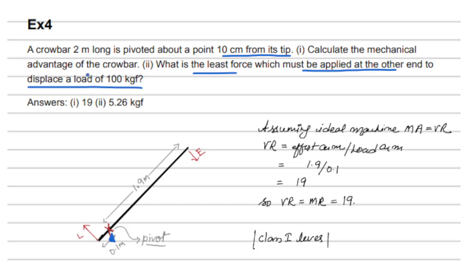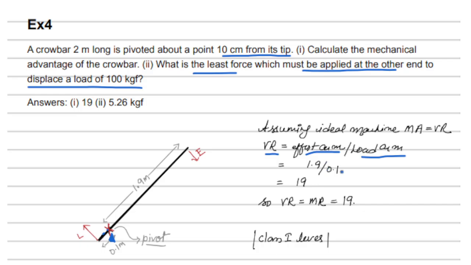Now, how can we solve this? They are asking about mechanical advantage. If we assume that this is an ideal scenario, then we can calculate the VR, and it will be equal to the mechanical advantage, and that is effort arm divided by load arm. So the effort arm is 1.9, and we divide it by the load arm, that is 0.1.